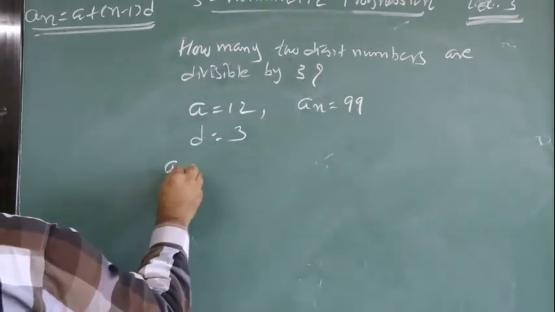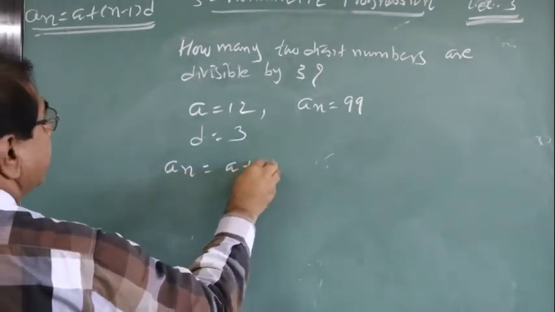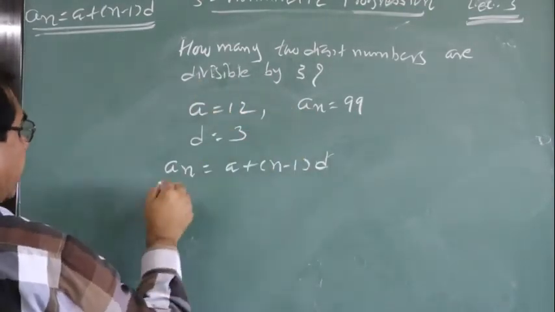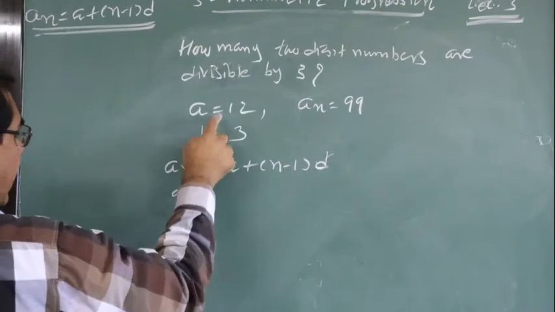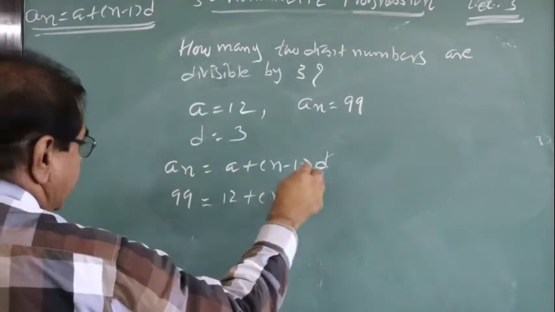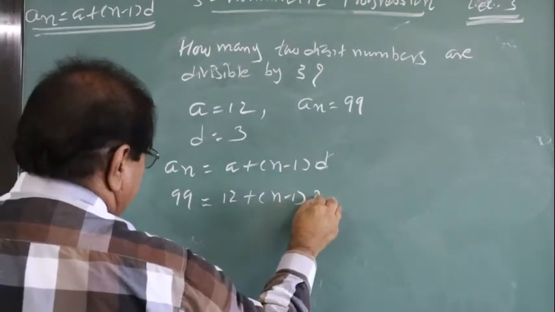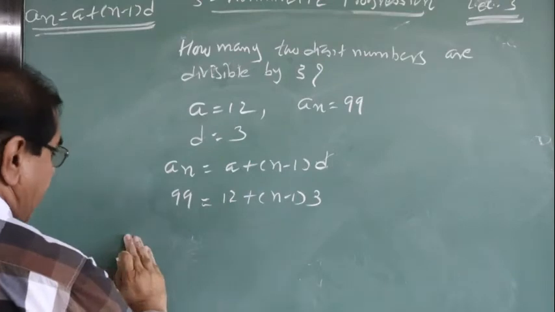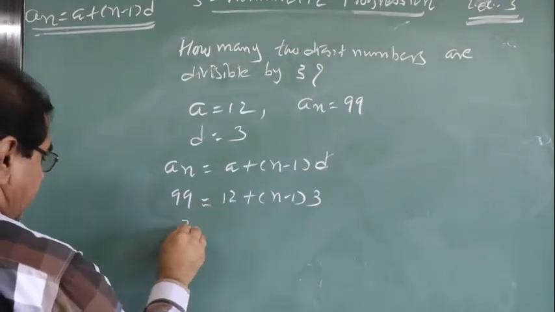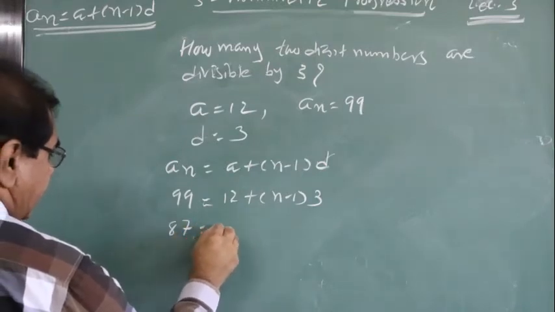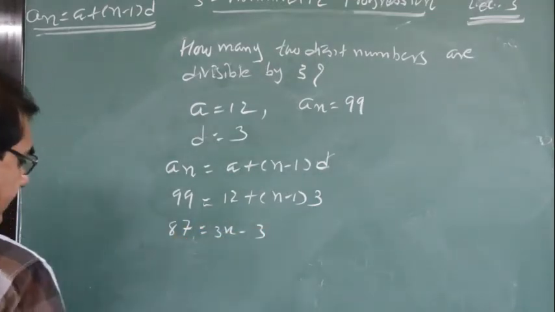So it is an = a + (n - 1)d. an is what? 99. a is what? 12. d is 3. So now 99 minus 12 is 87, which is equal to 3n minus 3.